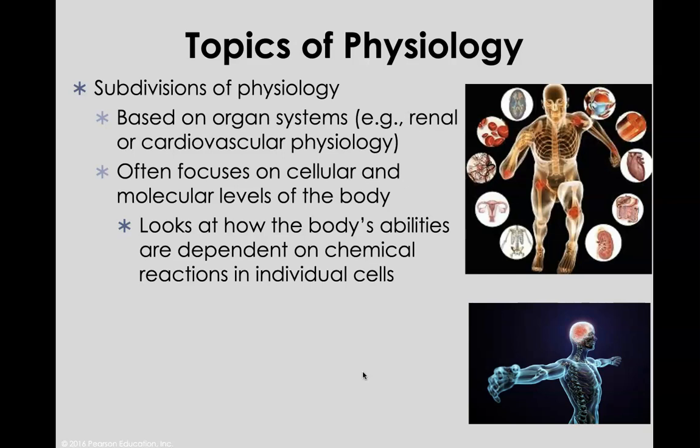As we look at something like the cardiovascular system, we might go down and look at the cellular level of the heart, and how those cardiac cells beat, and what's going on at the molecular level to make those cells conductive, and what kinds of changes we're seeing in ions that allow that electrical conduction to occur. So we'll often take our physiology down to the cellular and molecular levels to really understand how things are working and functioning.